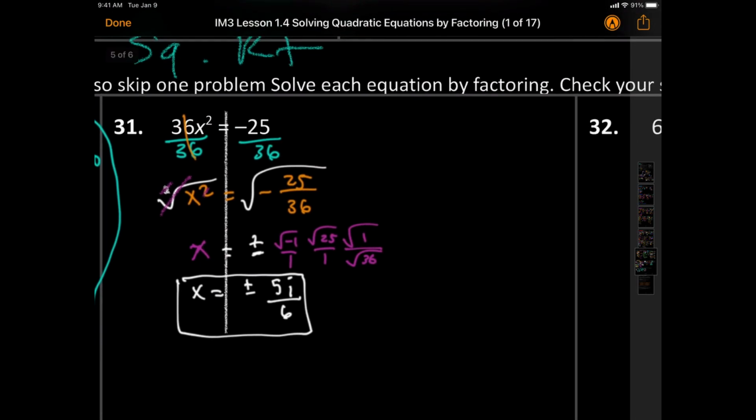Let's go ahead and plug that into factored form. If I was showing the work here on the right hand side, I would add 25 to both sides. Now I'm going to use the factored form.